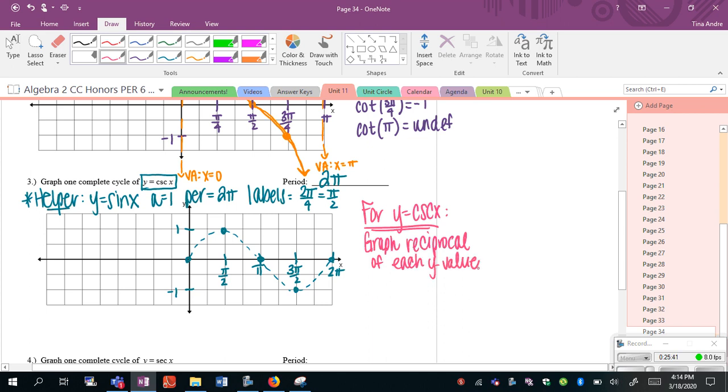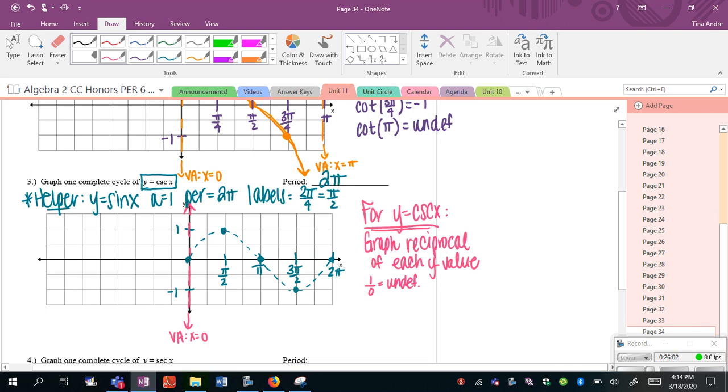So what that means is if I look at 0, well, the reciprocal of 0 would be 1 over 0, which is undefined. So what that means is at this point, I'm now going to have a vertical asymptote. So I have a vertical asymptote at x equals 0.